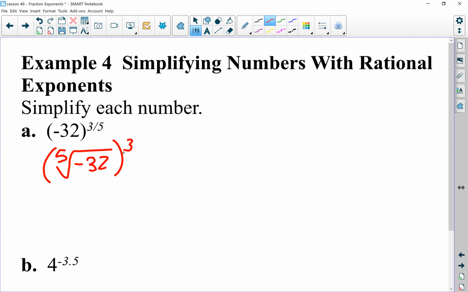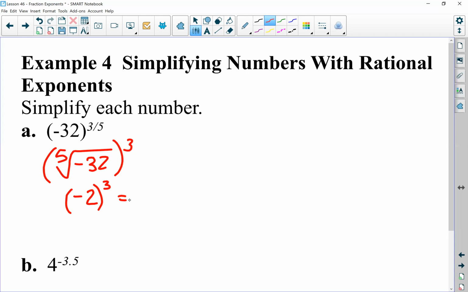Negative 32, well, let's see. Negative 2 times negative 2 is positive 4, times negative 2 is negative 8, times negative 2 is positive 16, times another -2 is -32. So the fifth root of -32 is -2. It is okay to take an odd root of a negative value.